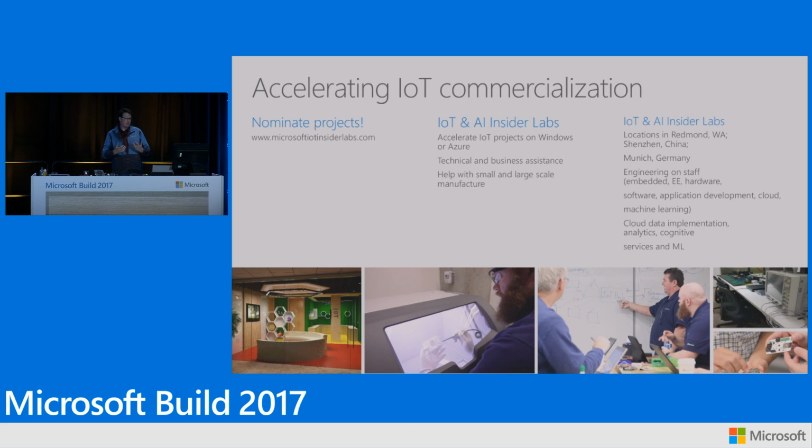So for instance, in the Redmond location, they've got 3D printers, they've got pick-and-place machines, and they've got the experts there that can help you put that stuff together. It's completely plausible to walk in with an idea and to walk out with a sample potential product. So absolutely check those folks out if you need some help in terms of getting your solution all the way to the finish line.